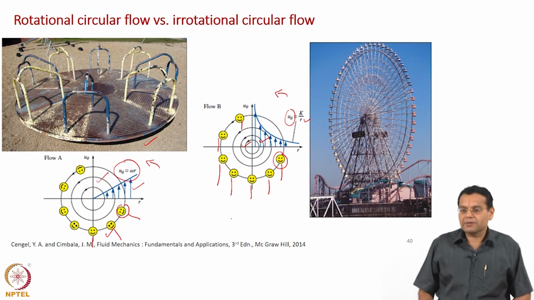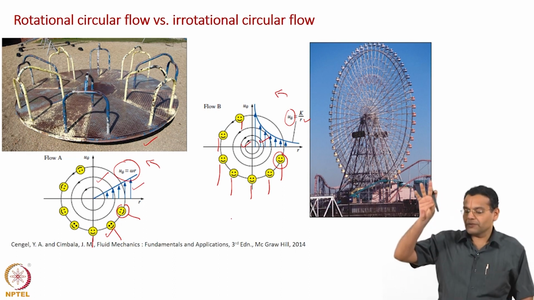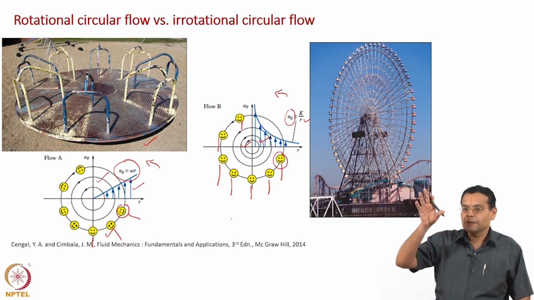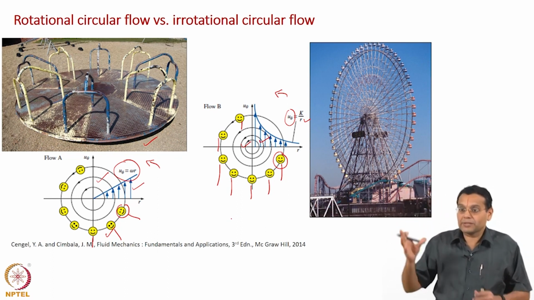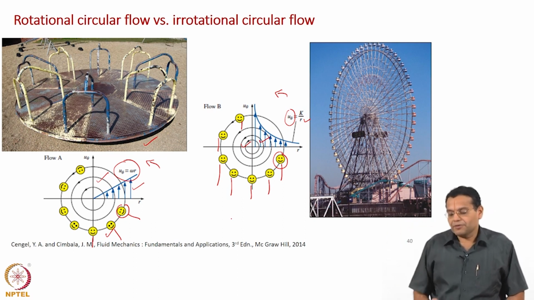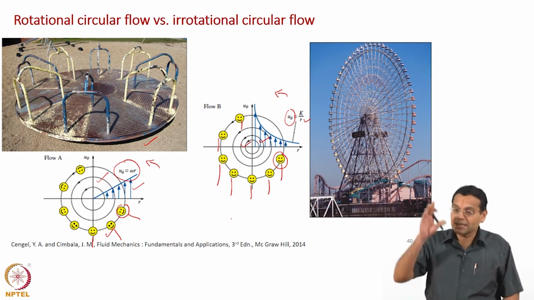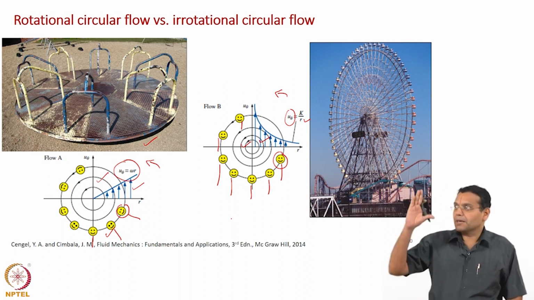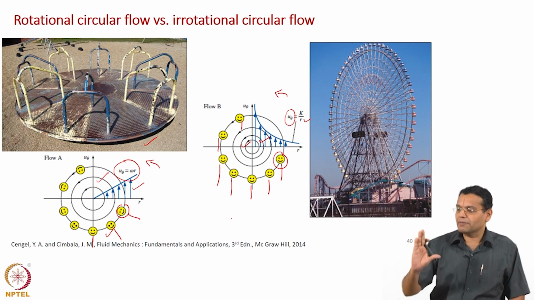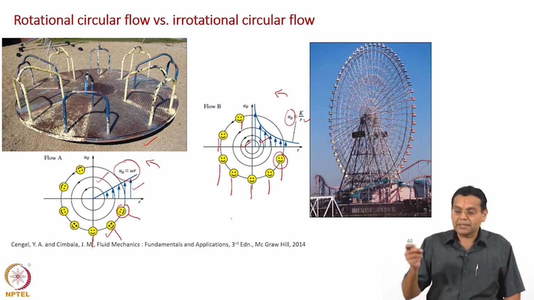A ferry wheel or giant wheel, where if you look at the front view, whoever is there in every position always remains upright, based on the configuration of the ferry wheel. So in this case once again it is circular flow, but the fluid elements remain always upright. This is an example of circular flow that is irrotational.